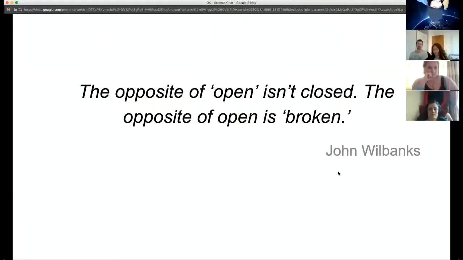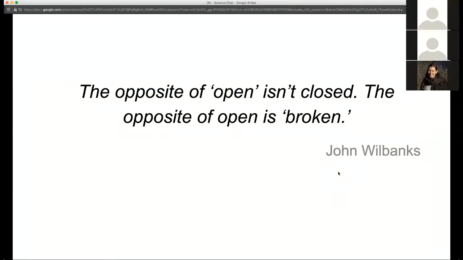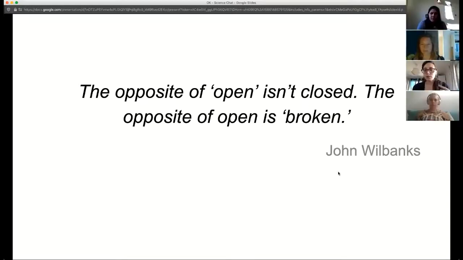We always think, well, if there is open knowledge, open science, open data, there is closed data, closed science, closed knowledge, and it's a bit weird to think about closed knowledge. And John Wilkes sums it up very nicely, saying it is not closed, it's broken, it doesn't work.